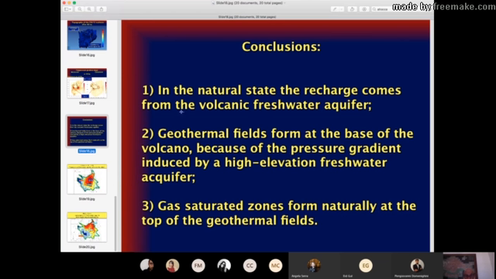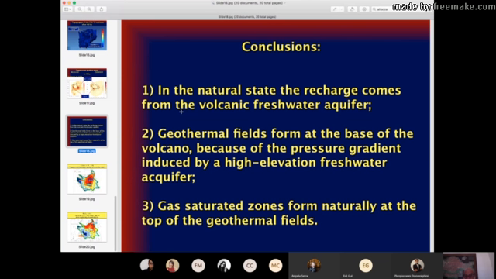The conclusion of this modeling has been that, in the natural state, the recharge comes from the volcanic freshwater aquifer. It's not written here, but of course it comes also from all the carbonatic outcrops that crop out at much larger distance from the geothermal fields.